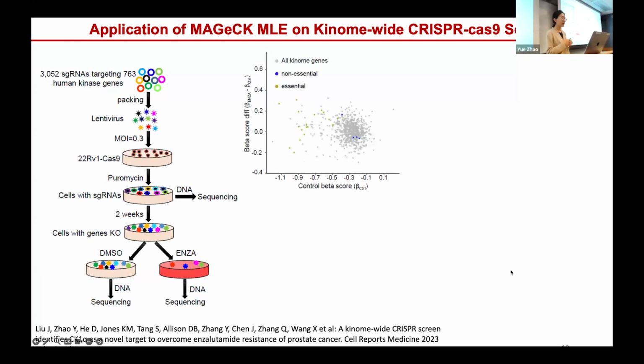And then we apply MAGeCK MLE and calculate the beta value for each gene. Here, you can consider the beta value as the log fold change. So ideally, we want to find genes in the bottom right corner here, because we want those cells that died sooner than the control in the drug treatment compared to the control cells.